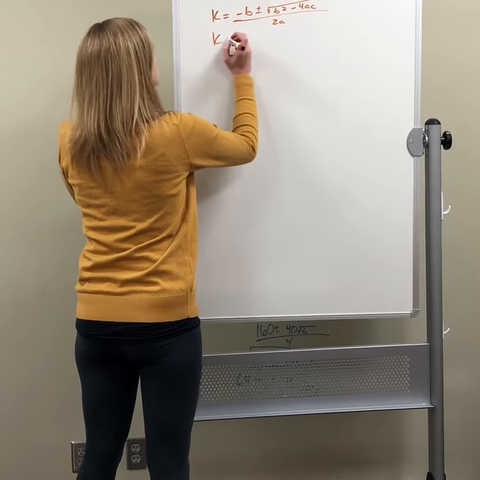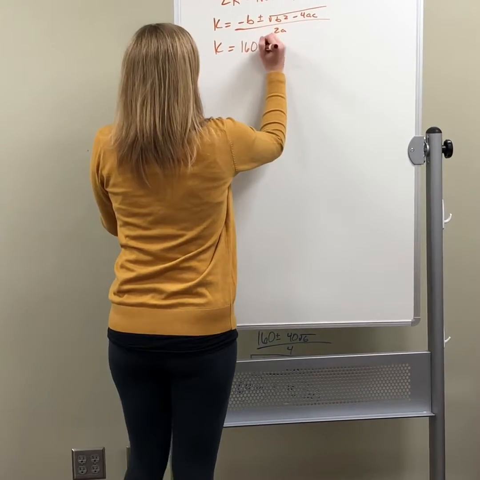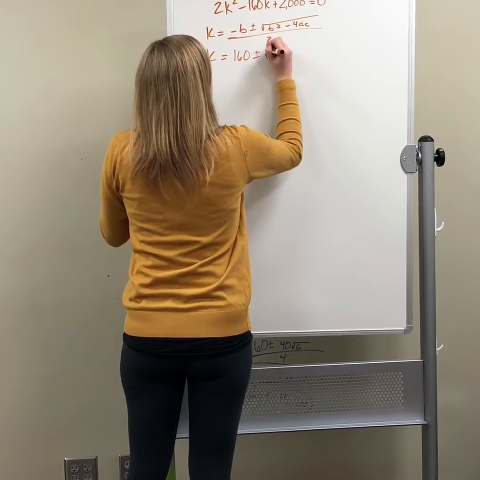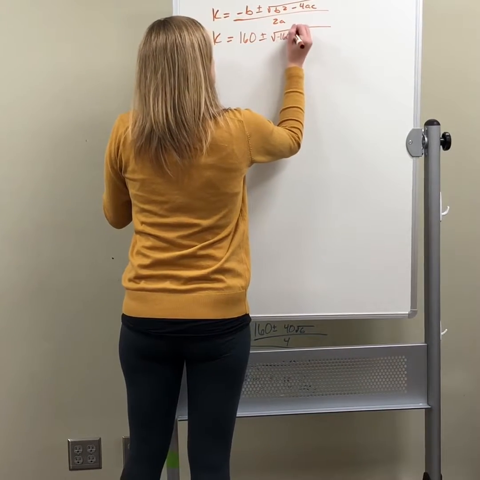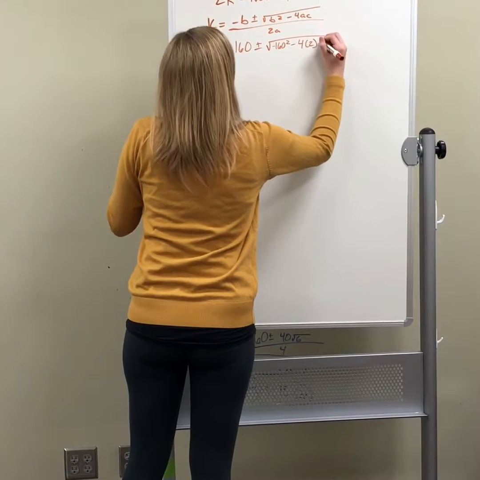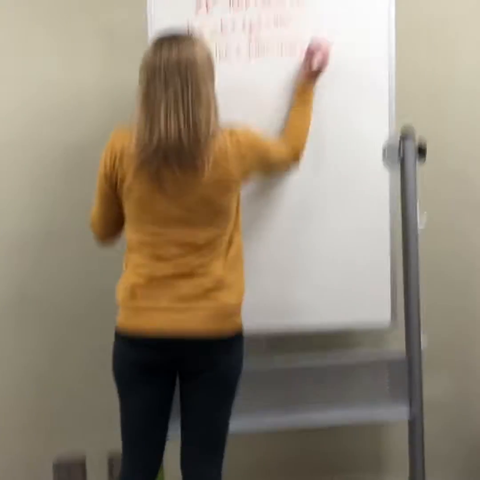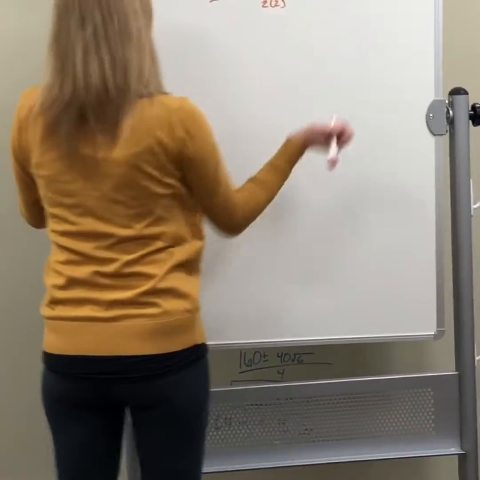So k equals 160 plus or minus the square root of negative 160 squared minus 4 times 2 times 2,000, over 2 times 2.